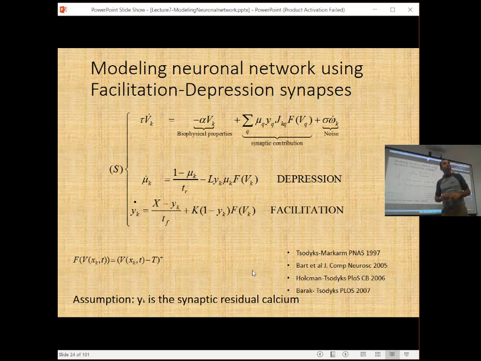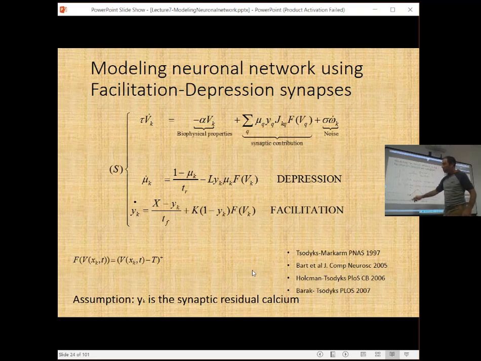What is the facilitation variable? It should account for the fact that when you have a spike, calcium is going to be generated for some time, and then it will disappear. So it is generated at a certain level, it goes up to a certain maximum level and comes back. This is expressed here. When there is nothing, it converges. This is an exponential, y dot equals x minus y, converging to x.